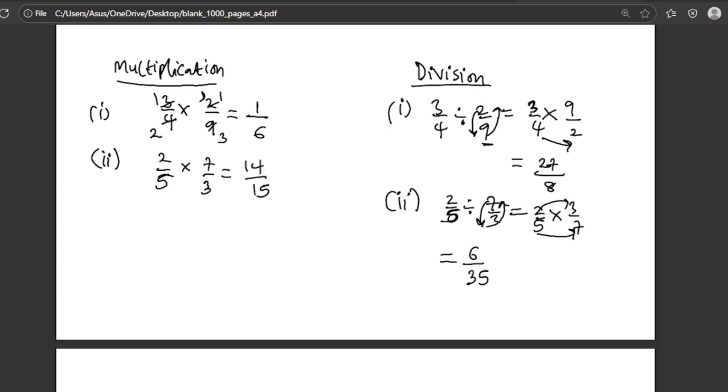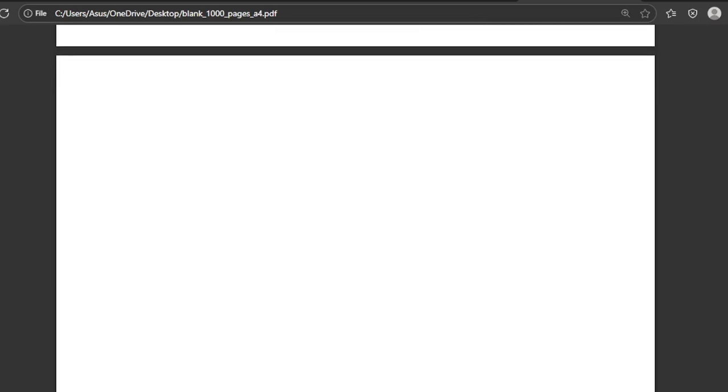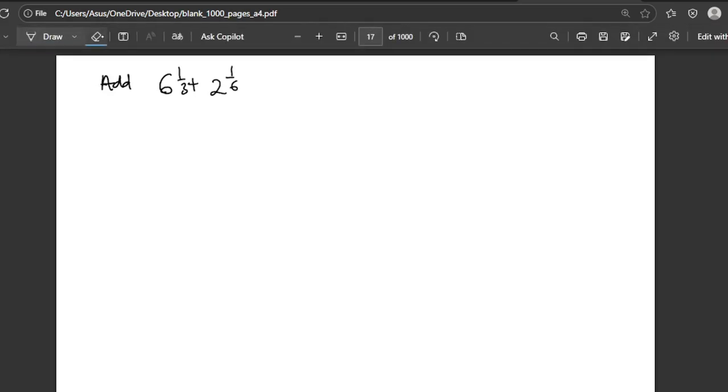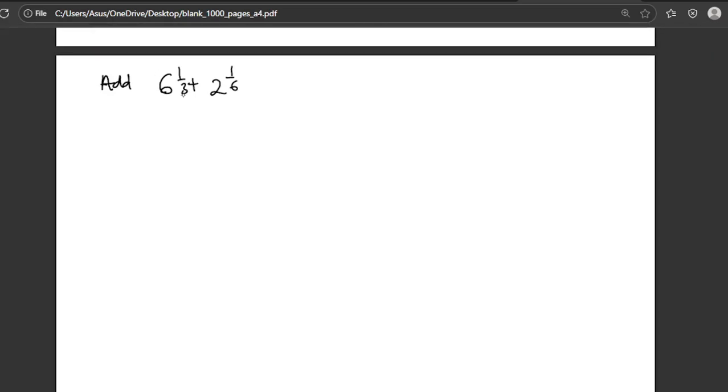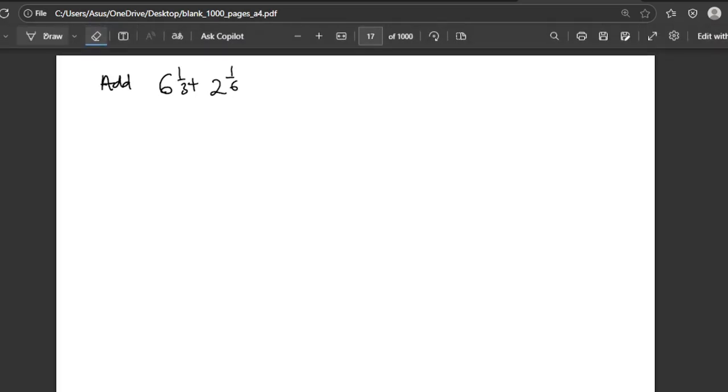Now we've seen how to multiply, divide, add, and subtract proper fractions. What if we have mixed numbers, mixed fractions? How do you carry out operations on them? Example, add 2 whole number 1 over 5 plus 2 whole number 1 over 6.